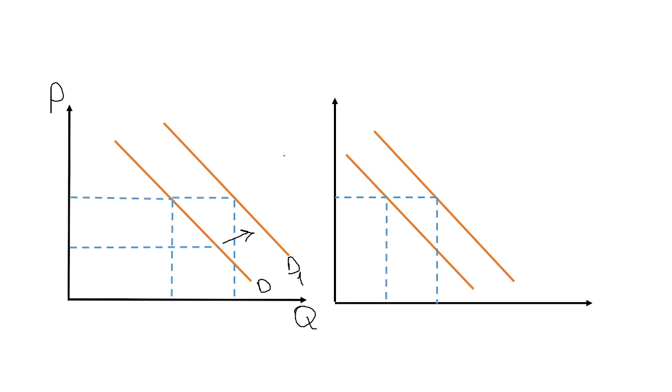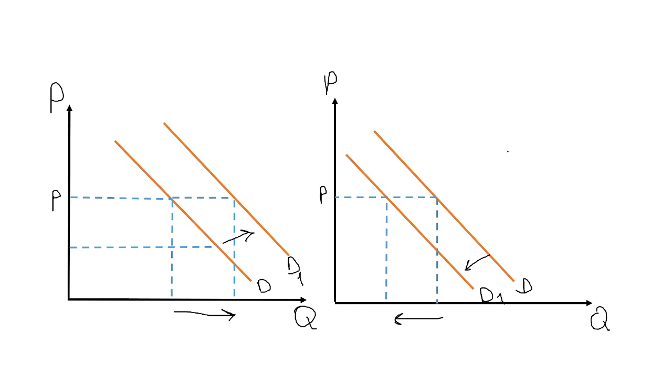If the product is a normal good, an income increase leads to an increase in the quantity demanded. And we show a decrease in the quantity demanded by shifting the curve to the left. So as you can see, at the same price we have a decrease in quantity, and here as well, at the same price, we have an increase in quantity.